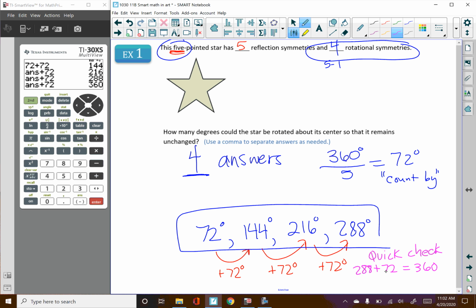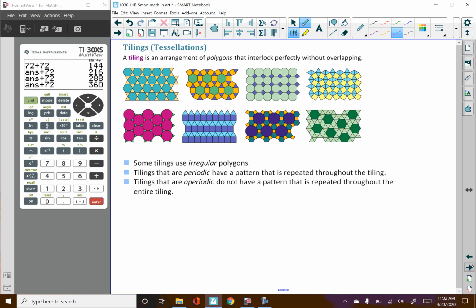Okay, so the last thing in this lesson is about tilings or tessellations. A tiling is an arrangement of polygons that interlock perfectly without overlapping. Some tilings use irregular polygons. Some use regular polygons. If they have a pattern that is repeating throughout the tiling, they're called periodic.